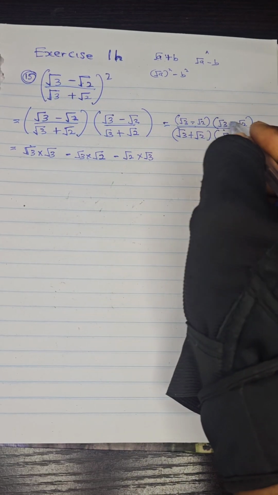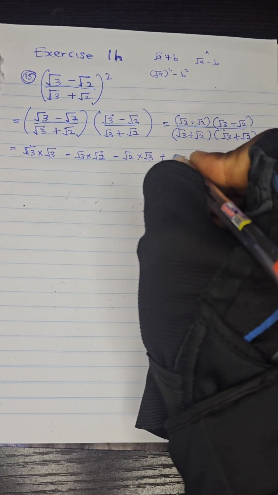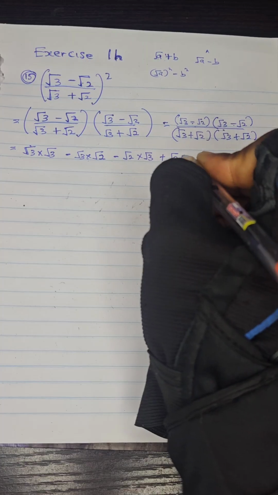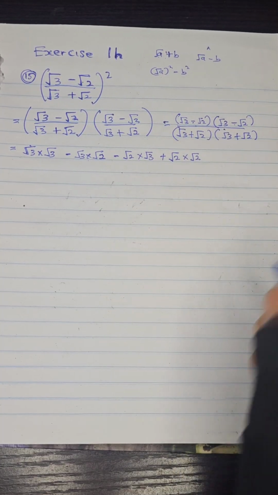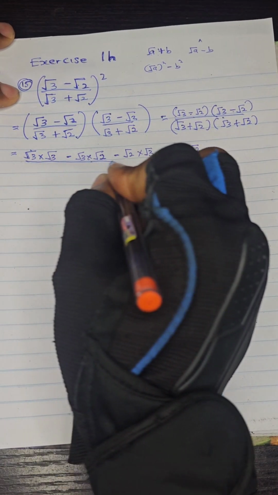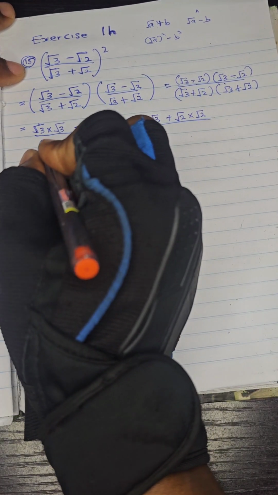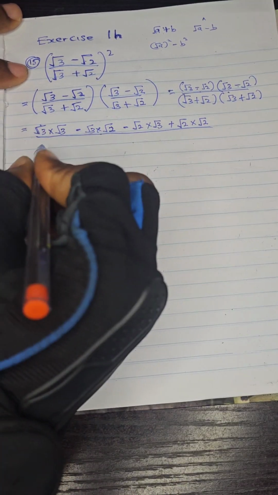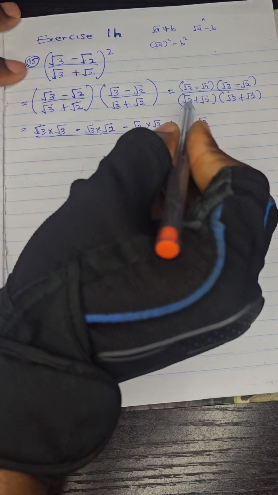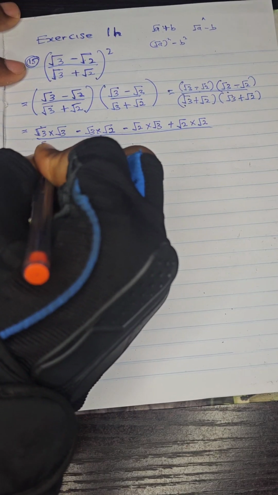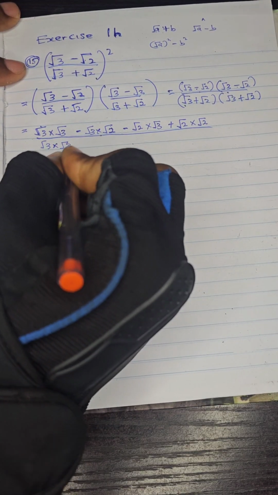Now, because there is a negative here and a negative here, the answer will not turn to positive. Root 2 times root 2. That's for the numerator. Let's go to the denominator. Just so my hand is not blocking this, root 3 times root 3.